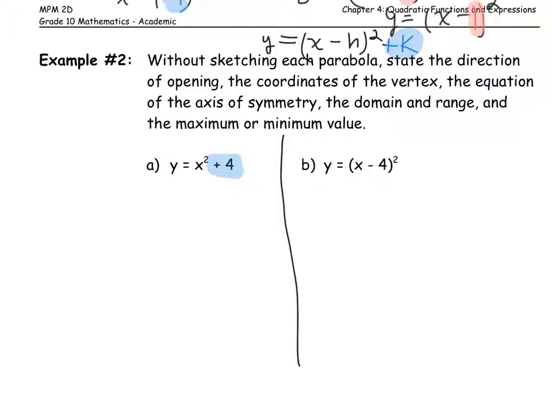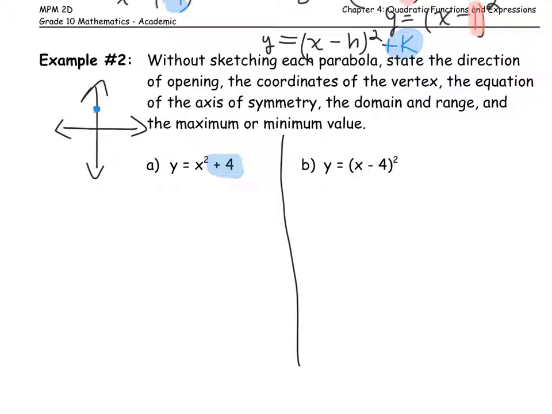So I create a little sketch for myself of this. Just to kind of visualize what's going on. And that will help me sort of figure out some of the other aspects of this question. So I'm envisioning that this parabola is going to have its vertex at 0 and 4, just 4 units up.